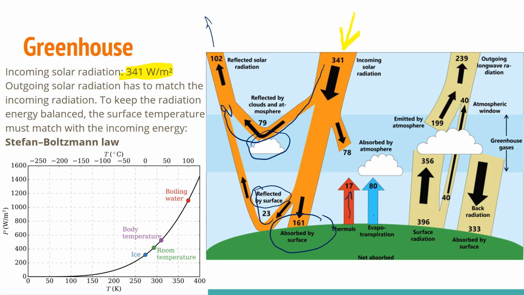Some energy is used to evaporate, for example, water and generate new clouds. Some of the energy is going into the atmosphere by radiation, a similar process, but the radiation is not directly going into space. There are some blockers.